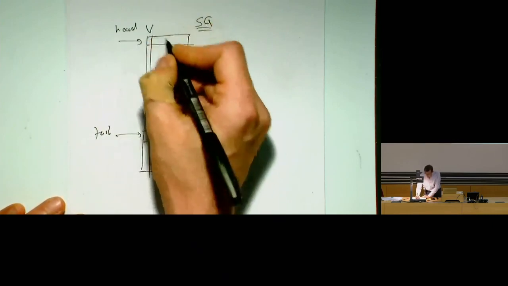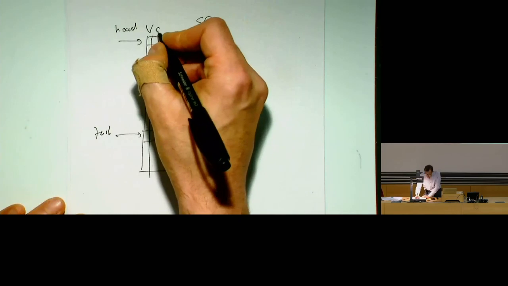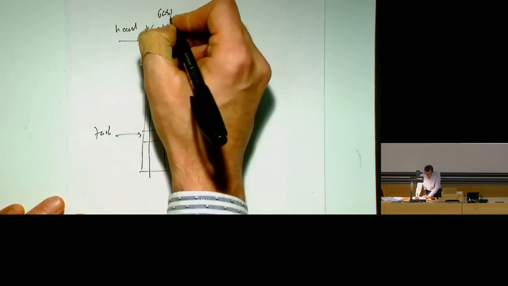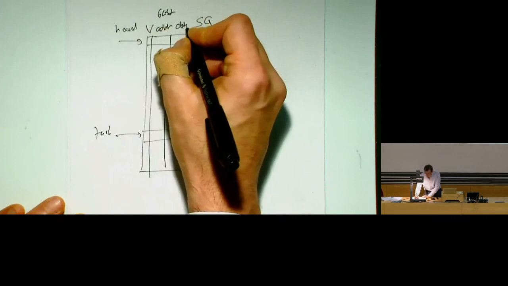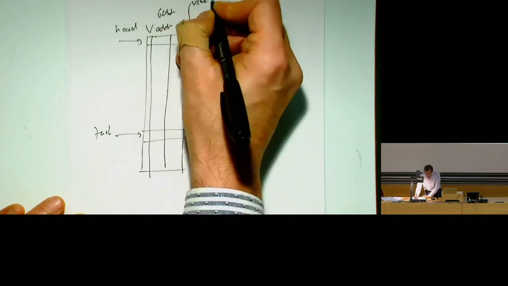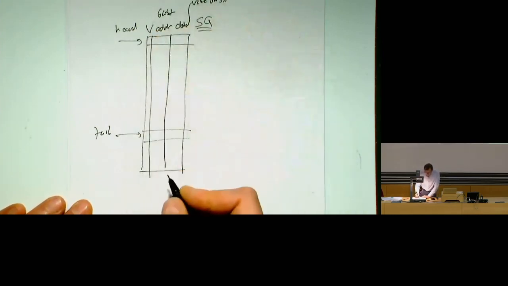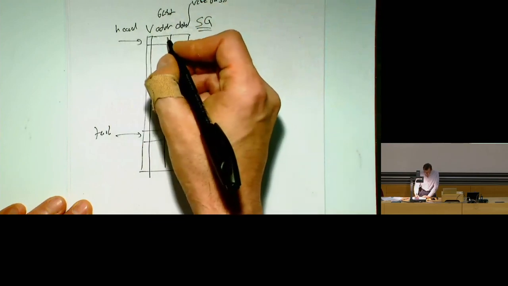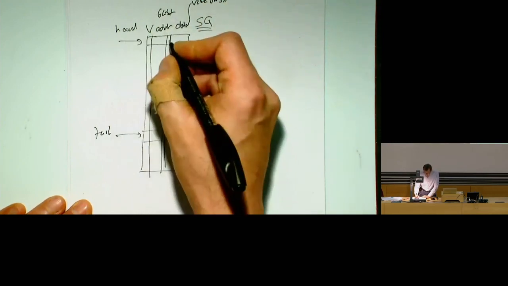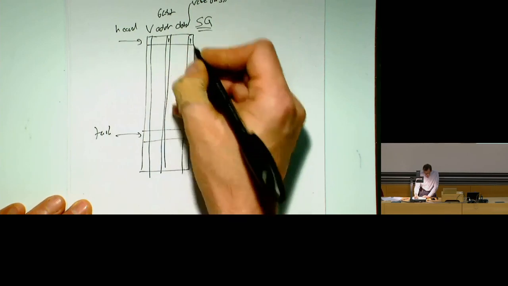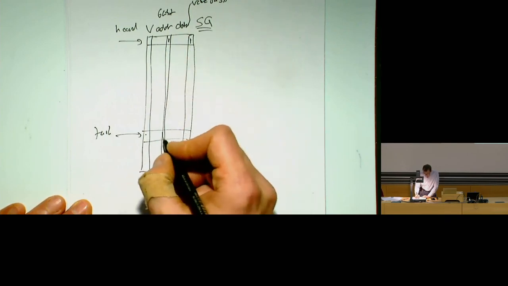Clearly, you need a valid bit, and then the address of the store, which could be 64 bits, and then a data value of the store if it's available, which could be 64 bits. The valid is 1 bit. And of course, you also need valid bits to see whether the address of the store is valid and whether the data of the store is valid, which makes it really interesting and complicated.